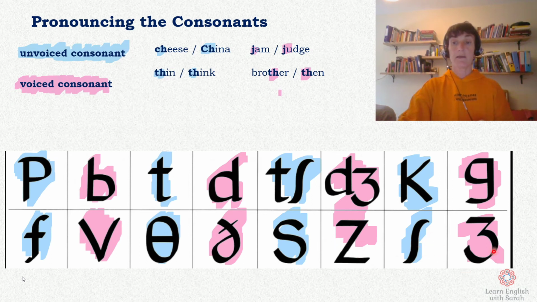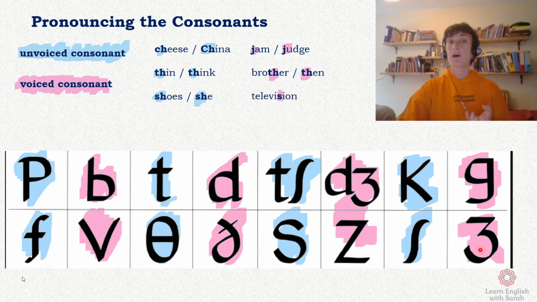And the final pair over here, again, clearly they're not letters. This one here is very, very similar to the sound we make when we want people to be quiet. Shh. And we find it in words like shoes and she. And its voiced partner over here, it's not a particularly common sound.